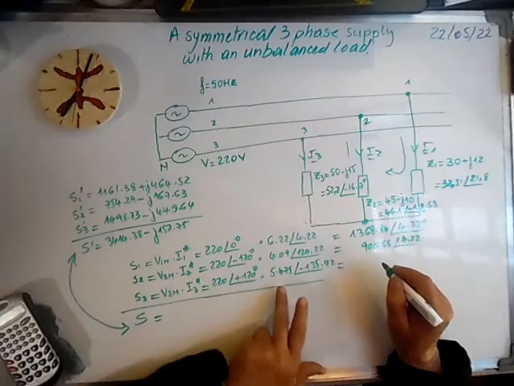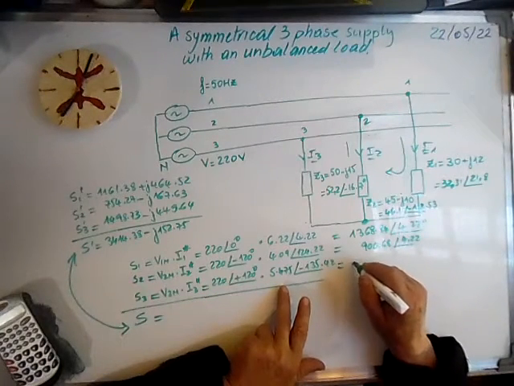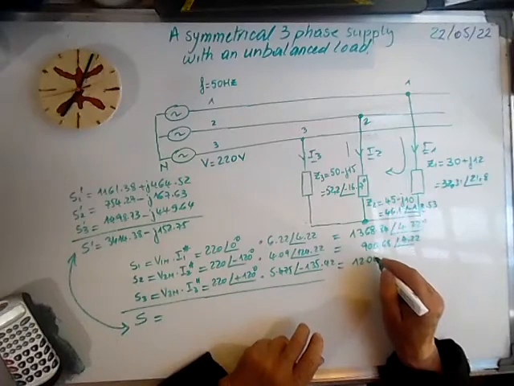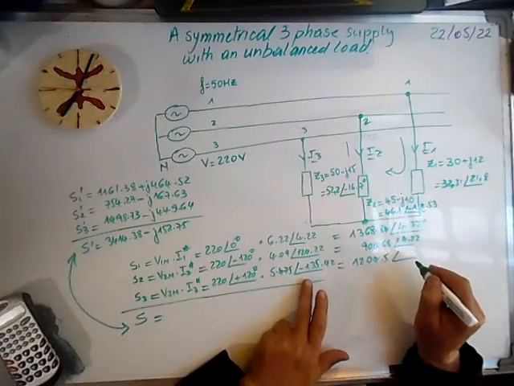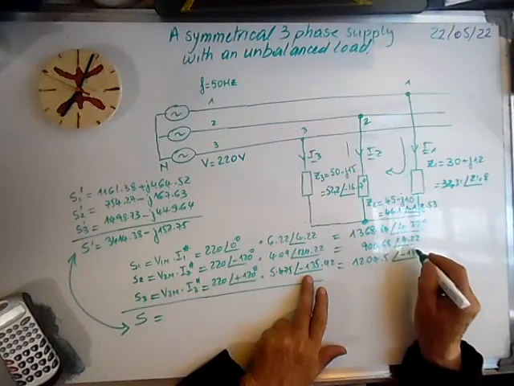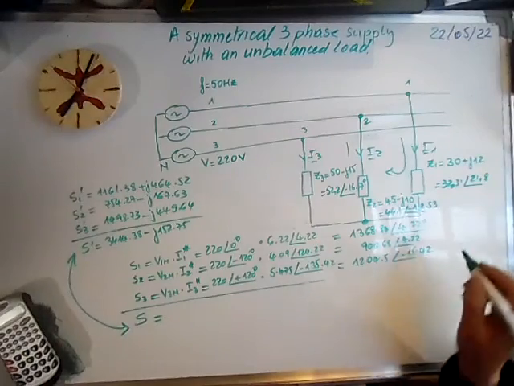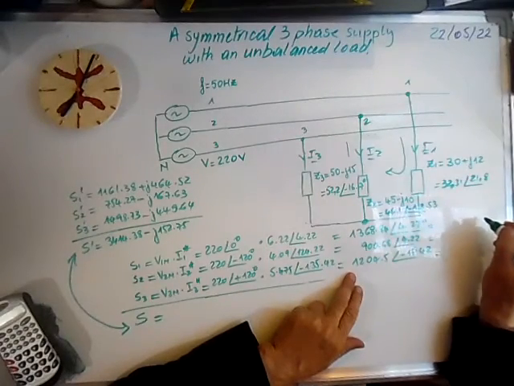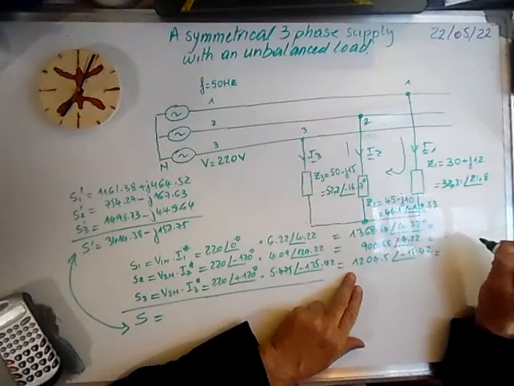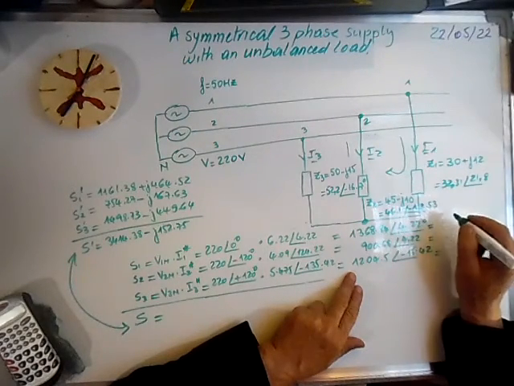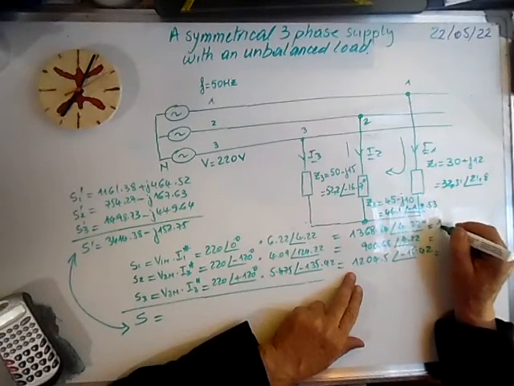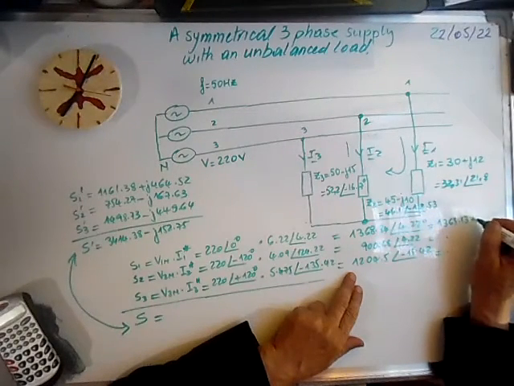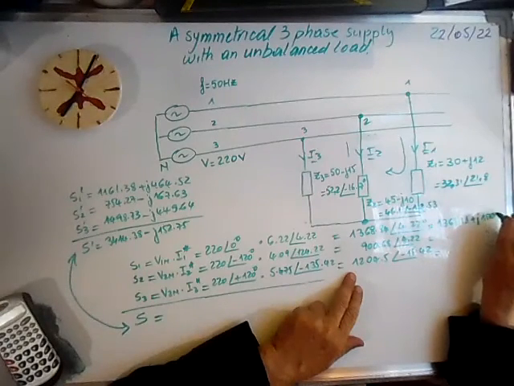Okay, and here we have 204, and the argument this minus this is minus 15.42, and we can calculate the active power and the reactive power for each. This times cosine this is 3,365.13 plus j100.73.